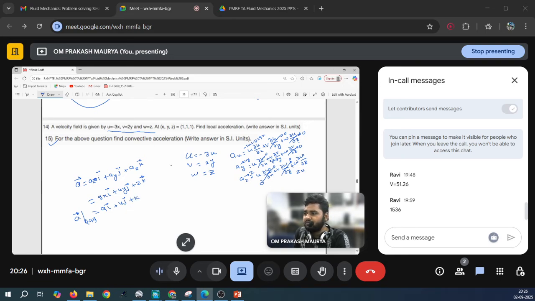But you need to, here the option is not given, so I think here you need to calculate the magnitude. 9 square, 4 square, 1 square, and finally you will get 81 plus 16 plus 1.